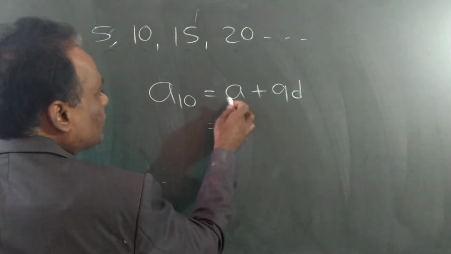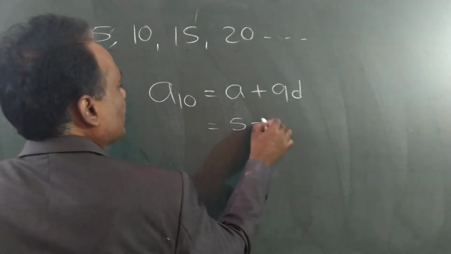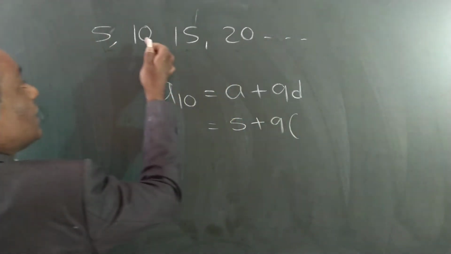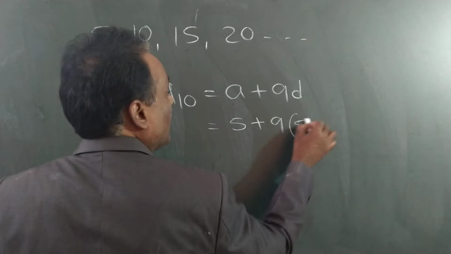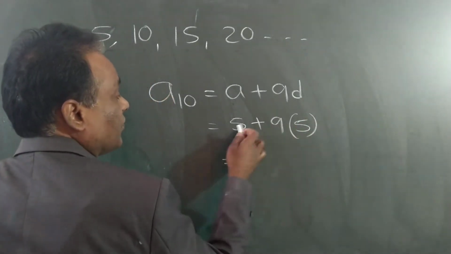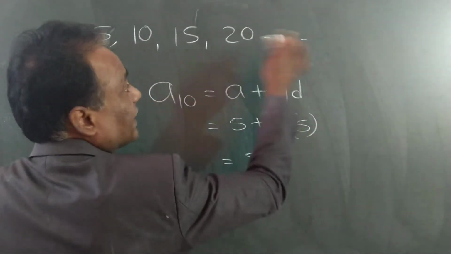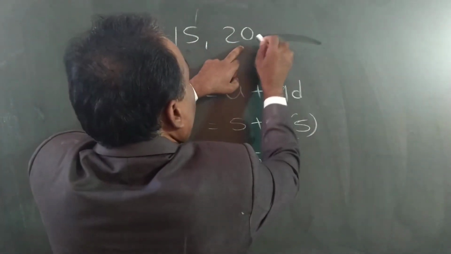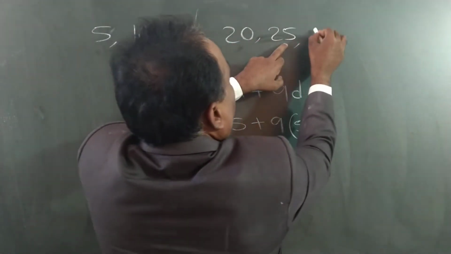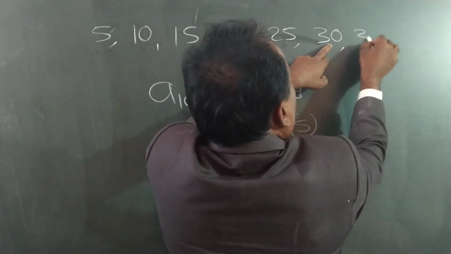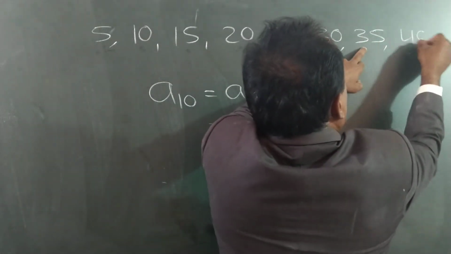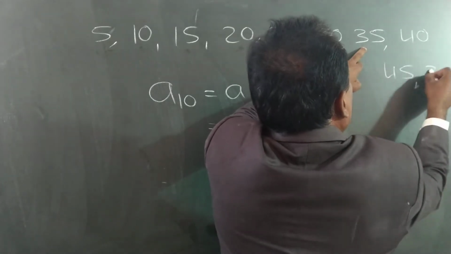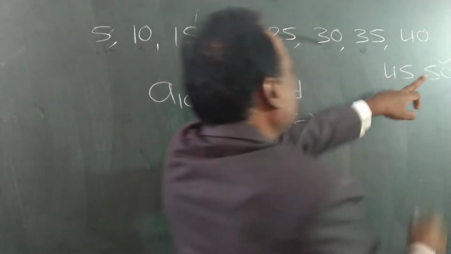A is 5, plus 9 into the difference, which is 10 minus 5, that is 5. So 9 fives are 45, plus 5 is 50. So the 10th term is 50. First, second, third, fourth, fifth, sixth, seventh, eighth, ninth, 10th. See, the 10th term is 50.